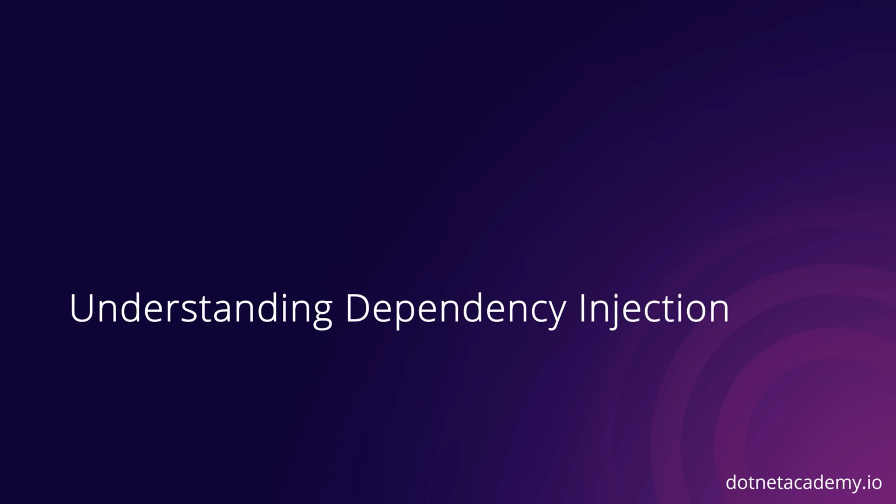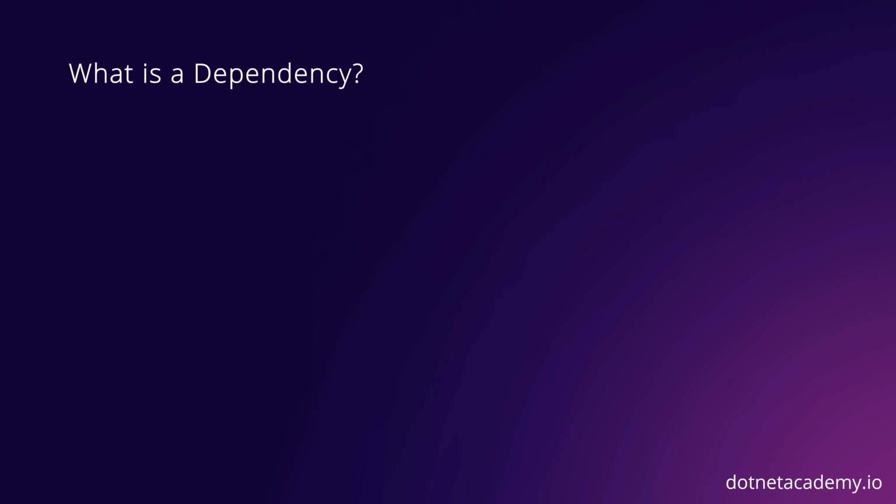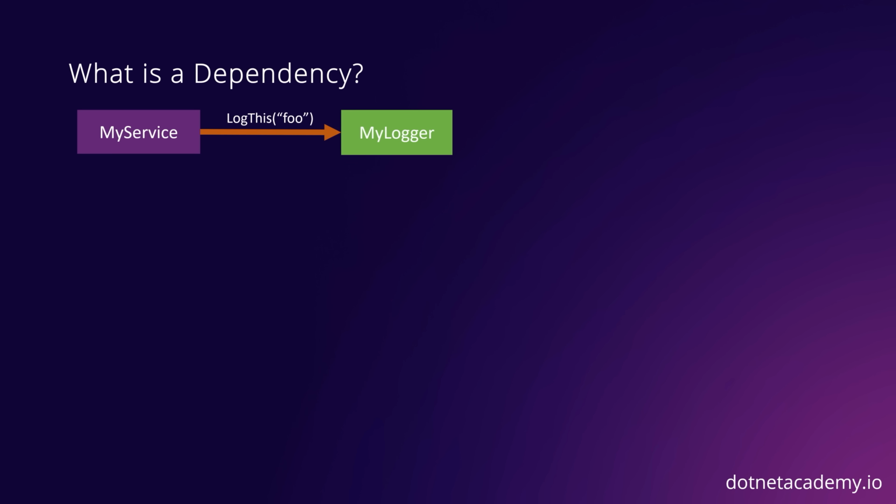In this section, you will learn about the dependency injection design pattern and the multiple benefits it brings to your applications. To understand what dependency injection is, let's start by looking at 2 classes, myService and myLogger. myService uses the logThis method of myLogger to log messages to a file anytime myService performs an important operation.